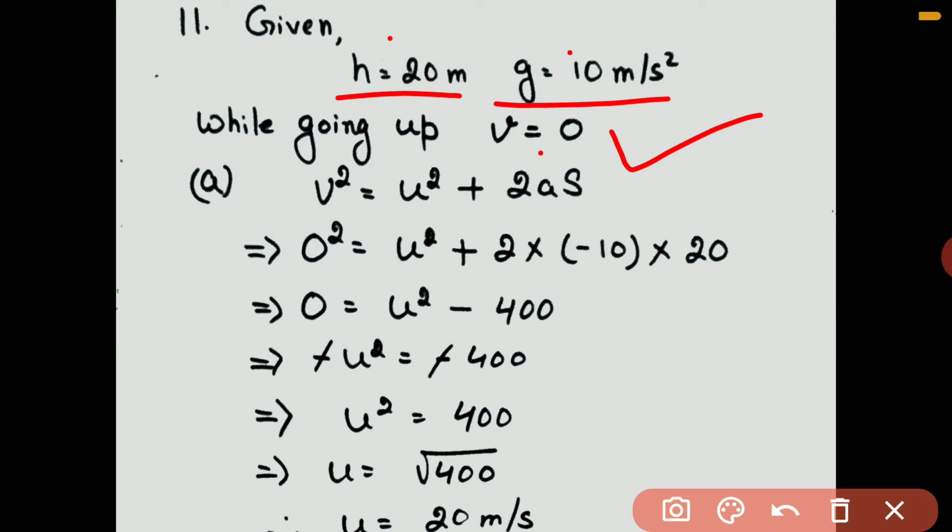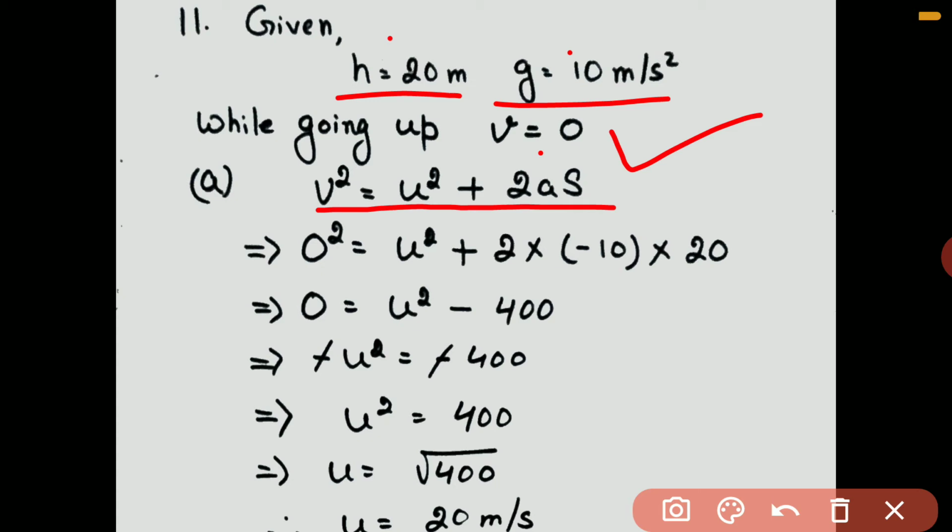Can I use v equals u plus at? No, because time is not given to us. Therefore I'm supposed to use v square equals u square plus 2as. I cannot use s equals ut plus half at square also, because it also has t in the equation.